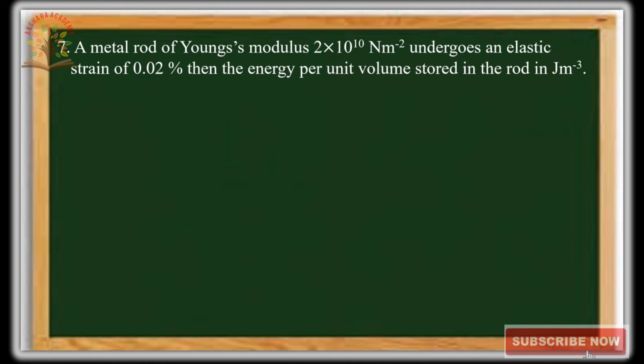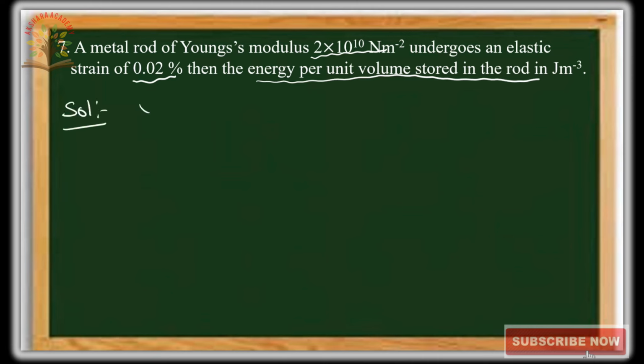So in this question they given Young's modulus 2 into 10 to the power of 10 Newton per meter square and elastic strain 0.02%. You have to calculate the energy per unit volume stored in the rod in terms of joule meter to the power of -3. Let us come to the solution.